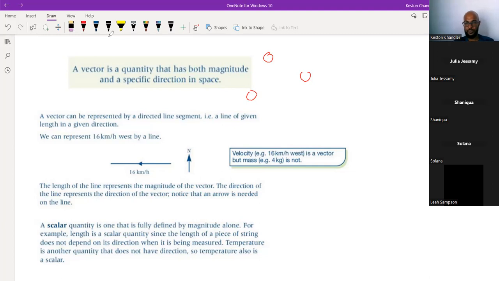Magnitude is another word for length. And they also have direction.